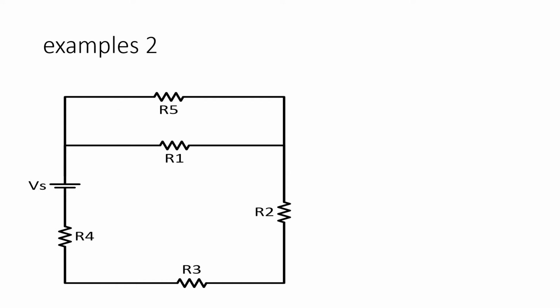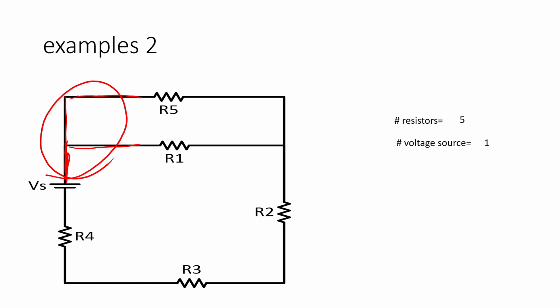This circuit has 5 resistors, 1 voltage source. If you look at this connector, this line, it connects 2 resistors and 1 voltage source. All this is a node, and I will call it node number 1.